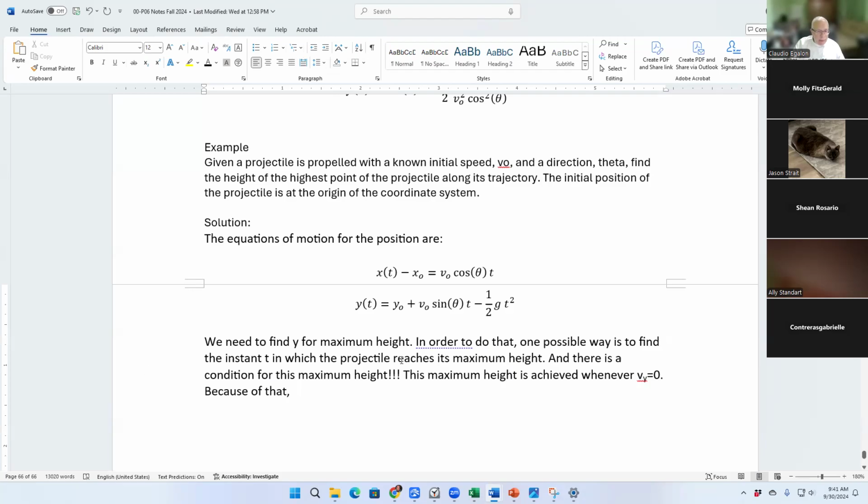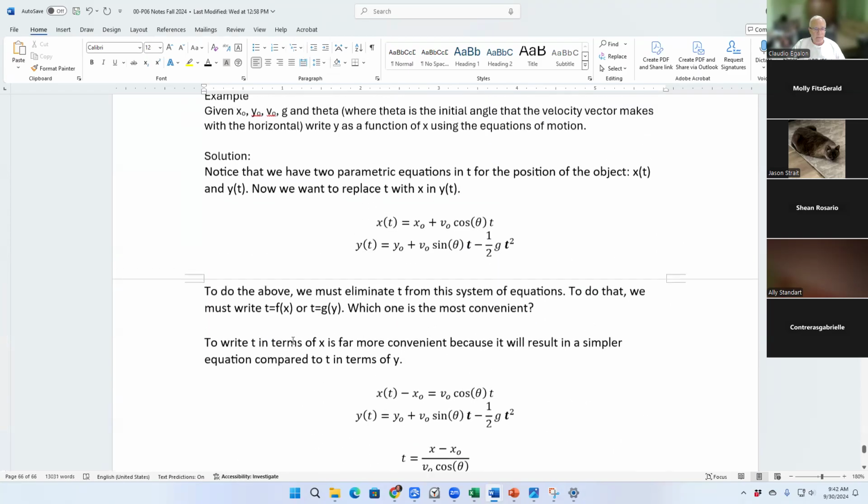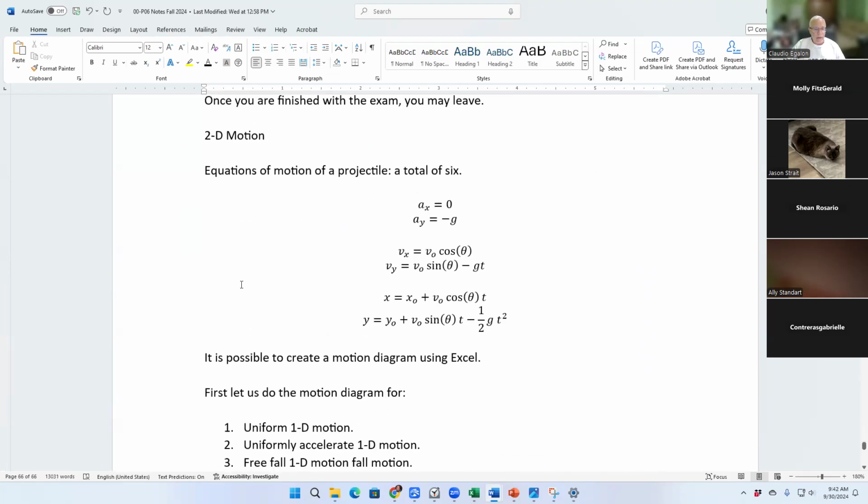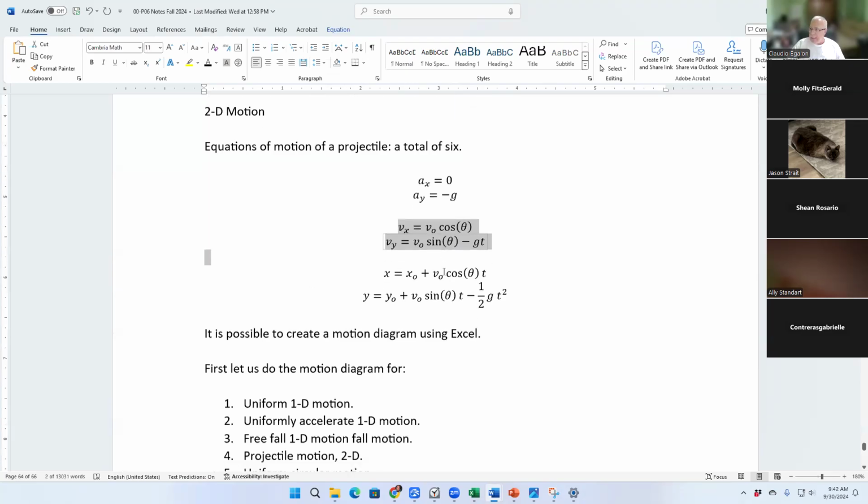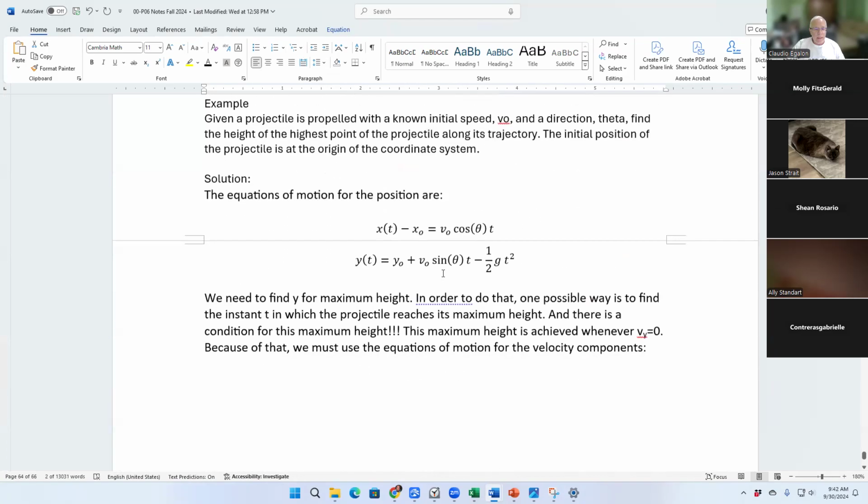Because of that, we must use the equations of motion for the velocity components, right? Let's go back. Let's hunt down that velocity component. Yeah, right in here. Okay.